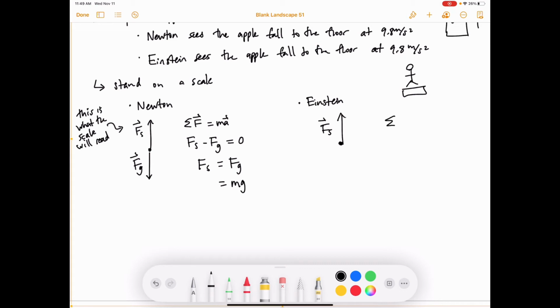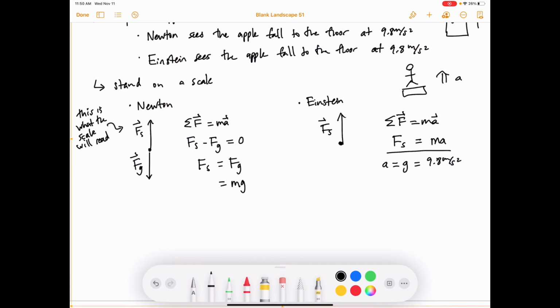So we apply F equals ma, and there's only one force, which is Fs, but now we don't want to say the acceleration is 0 because, of course, the acceleration is upwards like this. So what we get is the force from the scale is equal to the mass times the acceleration. And if a is equal to g, which is 9.8 meters per second squared, then the scale reads exactly what you'd expect it to if you were just standing on Earth.